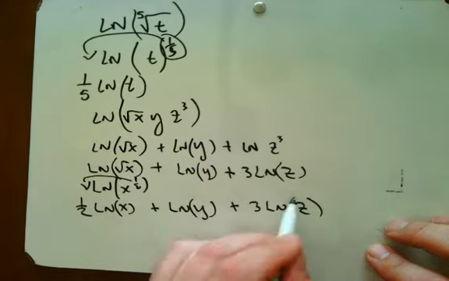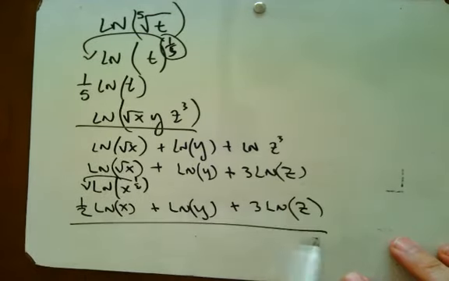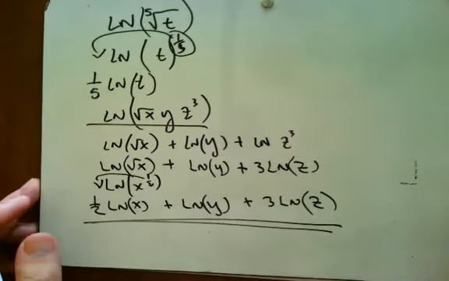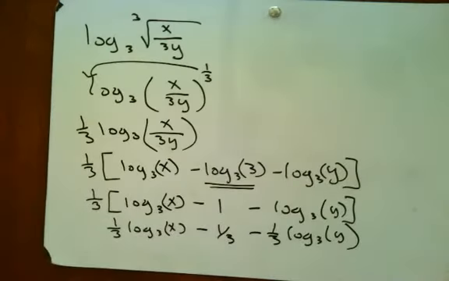Are we done? No, we can't leave this here because this could be rewritten as x to the 1/2 power. And that means I need to use the power rule there. So I'm going to have 1/2 ln of x plus ln of y plus 3 ln of z.